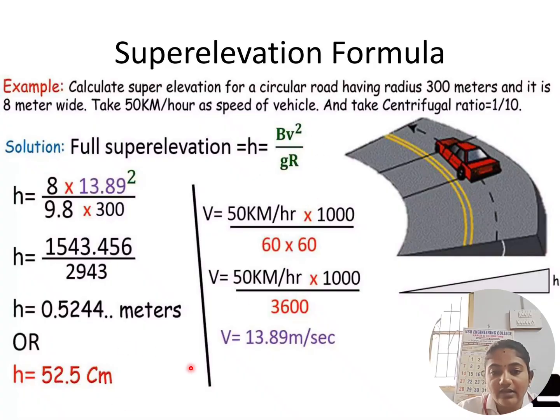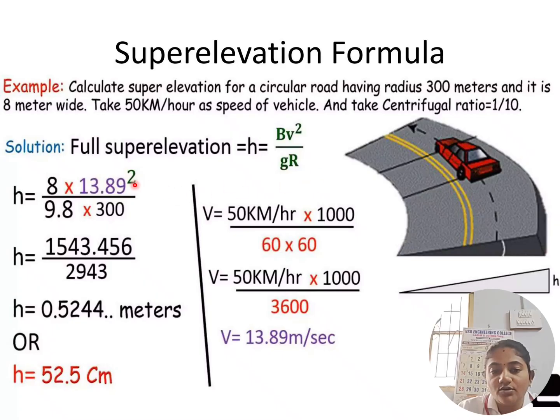Here a sample calculation is given using a problem. Calculate super elevation for a circular road having radius of 300 meters and 8 meters wide. Take 50 km per hour as the speed of the vehicle and take centrifugal ratio as 1 by 10.